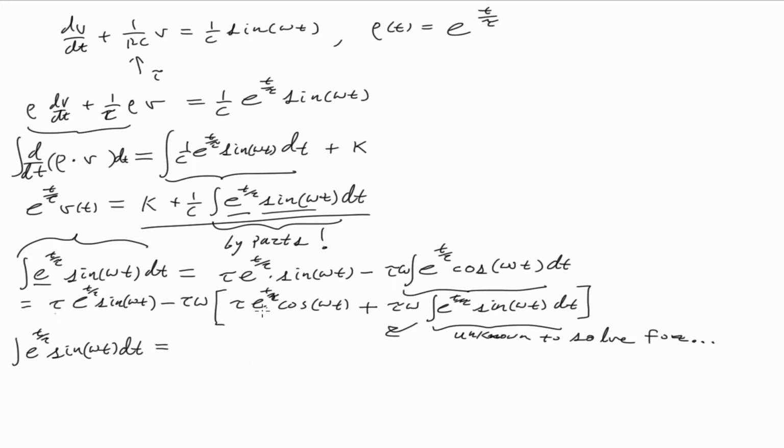So we see here, after I put it all together, I'm going to distribute this in. So I get a negative tau squared times omega e to the t over tau cosine omega t. All right. And then I also have this piece here, which is going to be just plus tau e to the t over tau sine omega t. All right, but now when I move this piece over, I didn't really give myself enough room here.